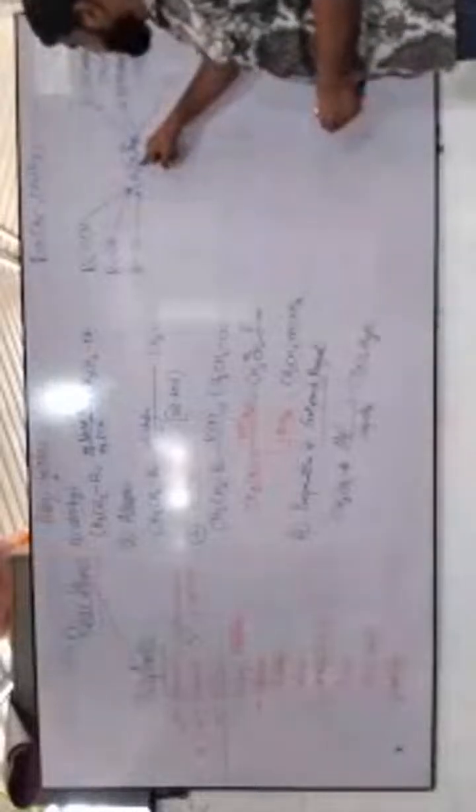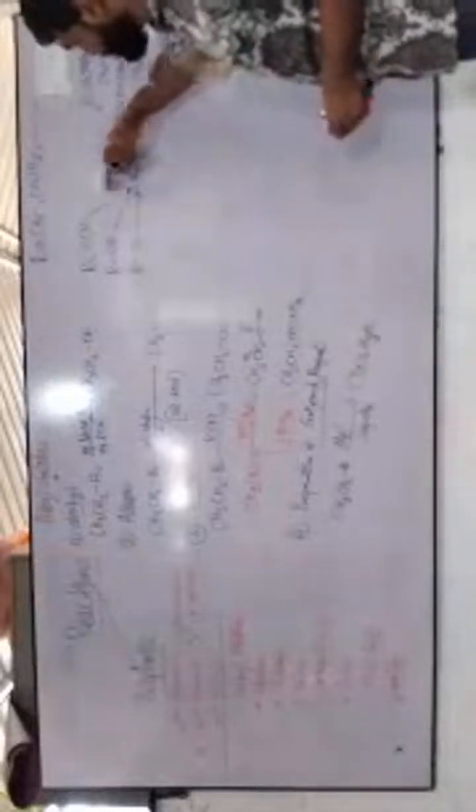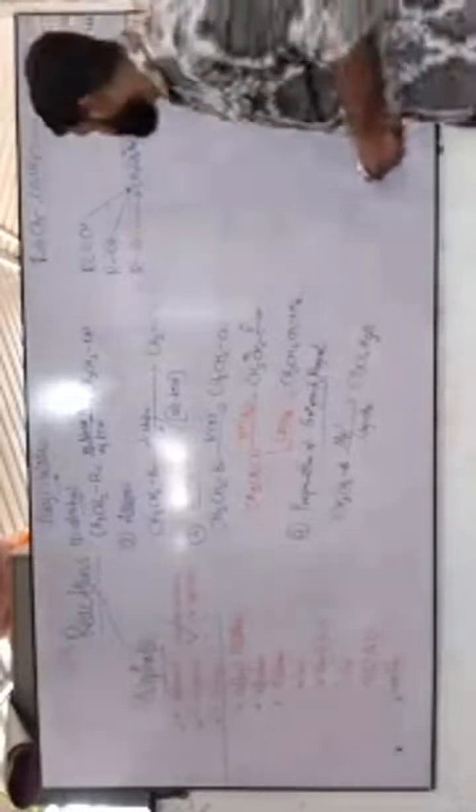Here this bond will break towards this alkyl group. This bromine will come towards this magnesium bromide. So you will get an alkane along with MgBr2.